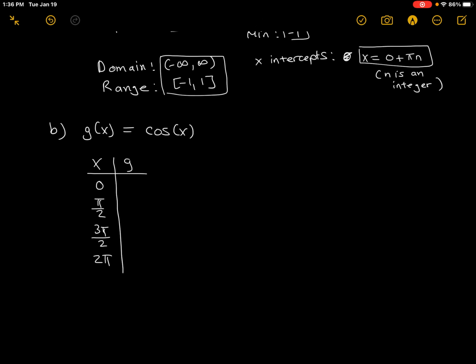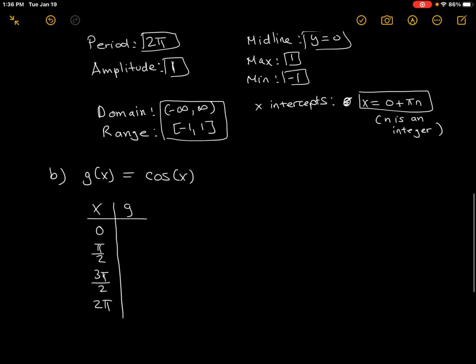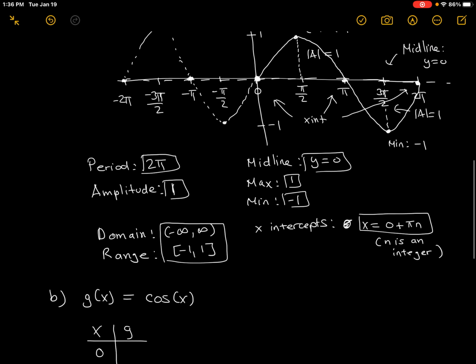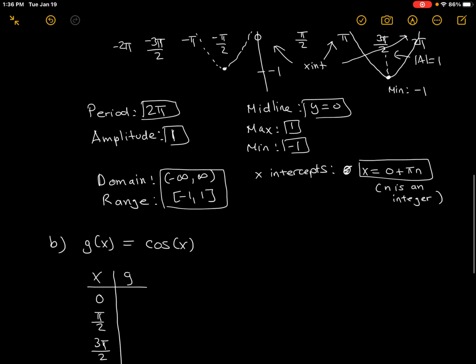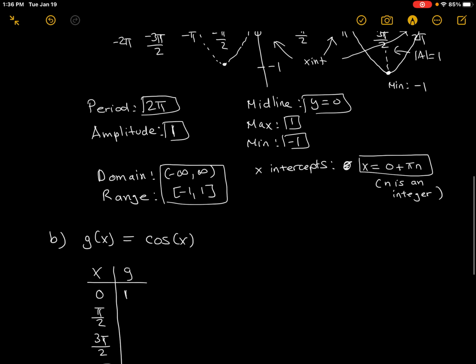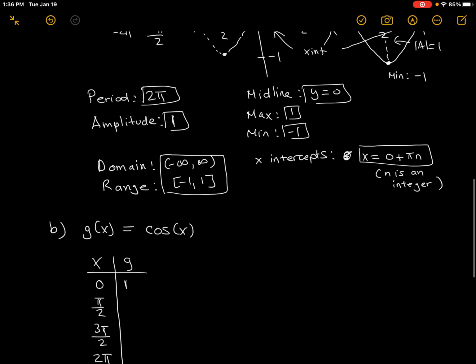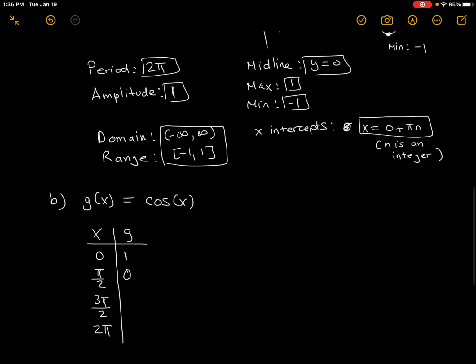If you remember, the cosine represents the x value. So when you plug in cosine of 0, going back to our unit circle, the x value is 1. Cosine of pi over 2, the x value is going to be 0. I think I missed the value over here. Let's plug in pi.